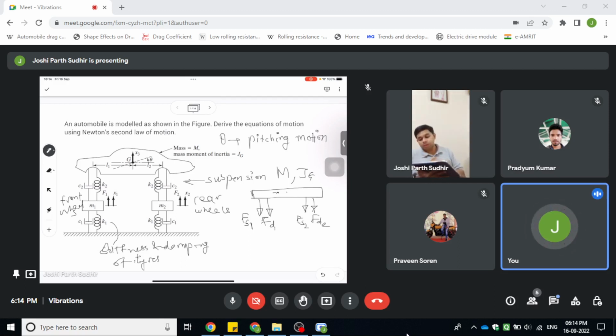And let us say x1, x2 and x3 are measured with respect to their equilibrium positions. We will consider that they are measured about the equilibrium position.